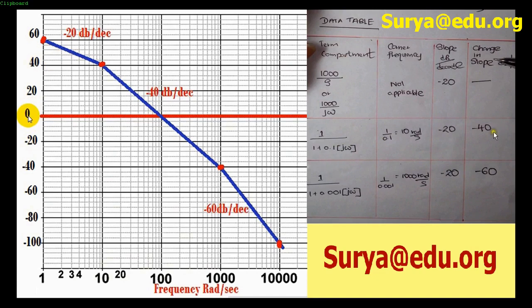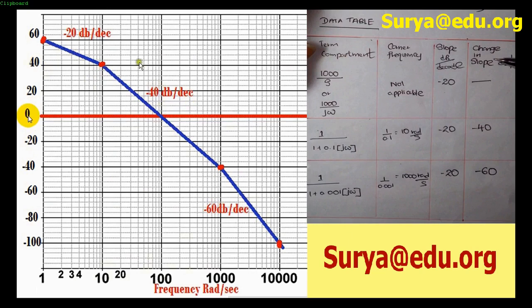That is the change in slope from 10 to 1000, because 10 radians per second is omega c1 and 1000 radians per second is omega c2. So the change in gradient from omega c1 to omega c2 is minus 40 decibels per decade.